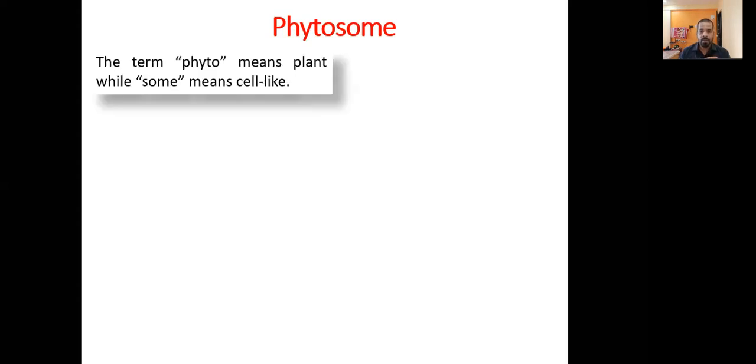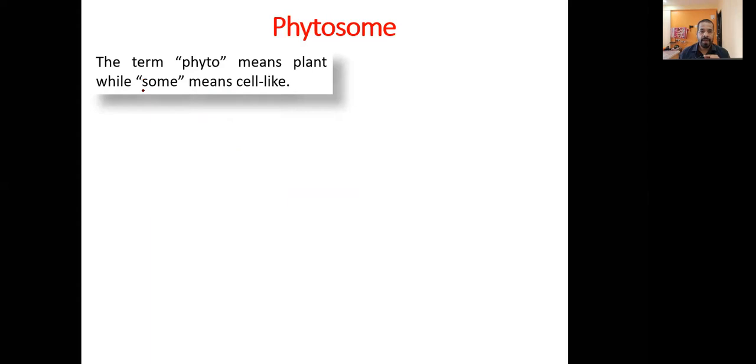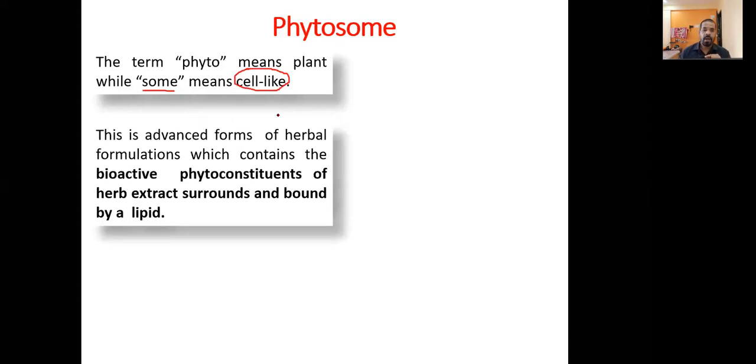So the term phyto, phytos, means plant, while some means cell-like structure. Okay, so phytosome means plant and cell-like structures. Now this is an advanced form of herbal formulation which contains bioactive phytoconstituents of herbal extract surrounded and bound by a lipid.